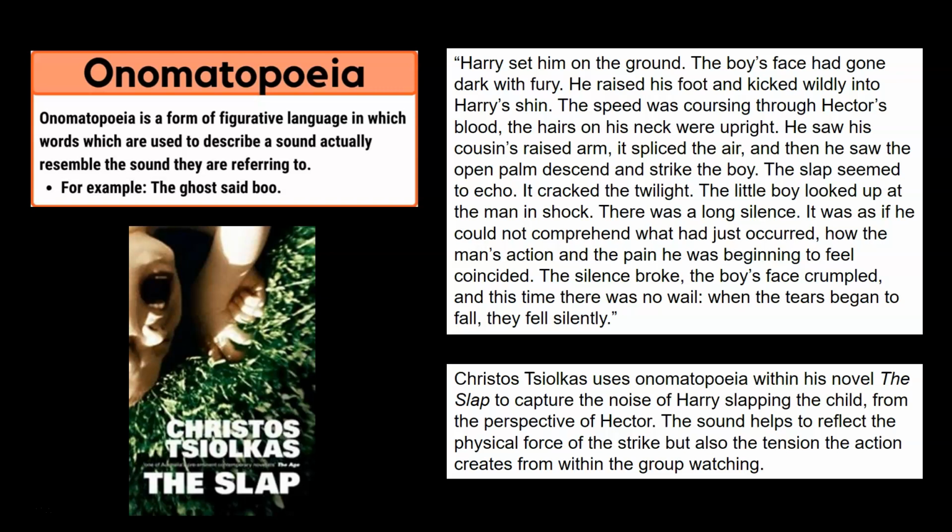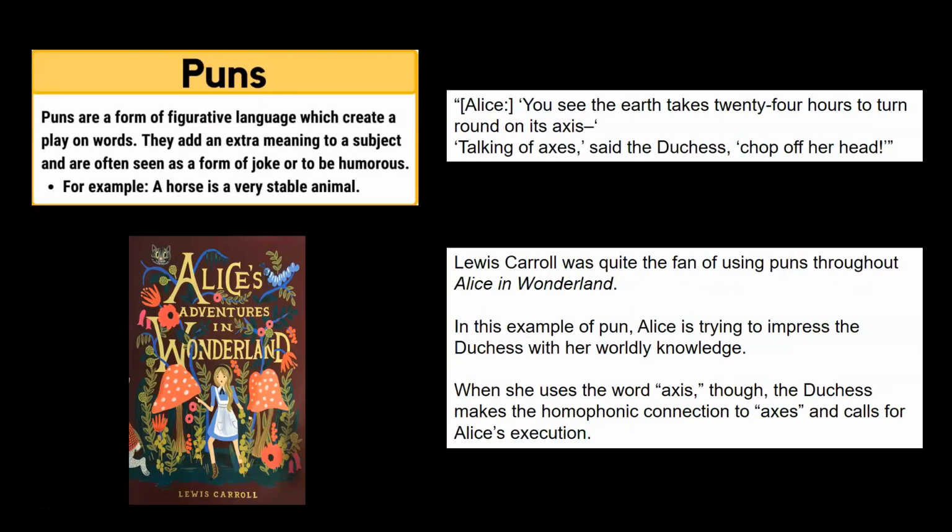turning point. We then have puns, which is in short a play on words, and if we look at Lewis Carroll's Alice in Wonderland, we could look at the example of Alice trying to show her intelligence to the Duchess by saying, "You see, the Earth takes 24 hours to turn round on its axis." She's immediately cut off by the Duchess, where the author uses the play on words: "Talking of axes," said the Duchess, "chop off her head."